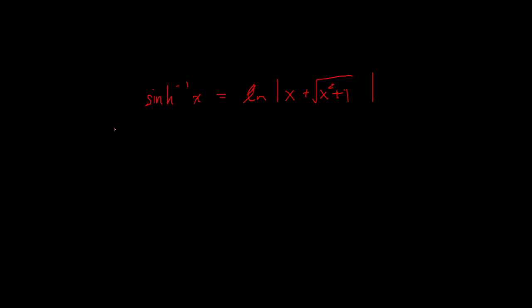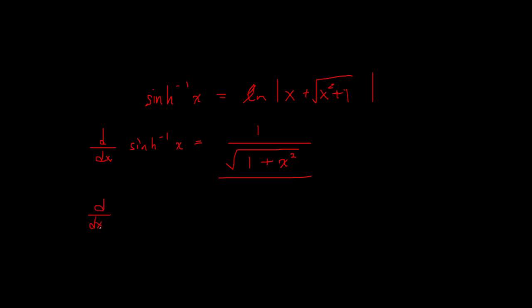But if you differentiate an inverse function like this, you're going to get 1 over root 1 plus x squared. This is the result. Now how did we get this result? I'm going to show you for one, and you can do it for the remaining. I will get to it in a minute.